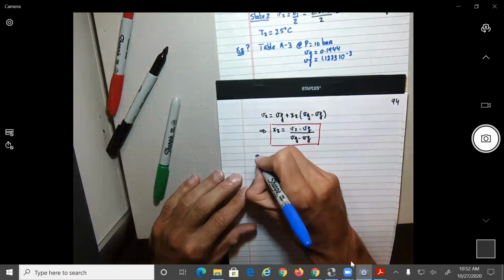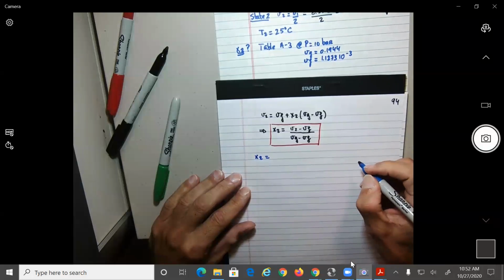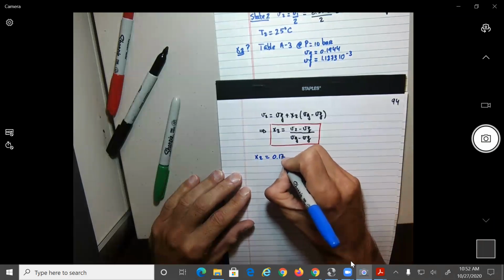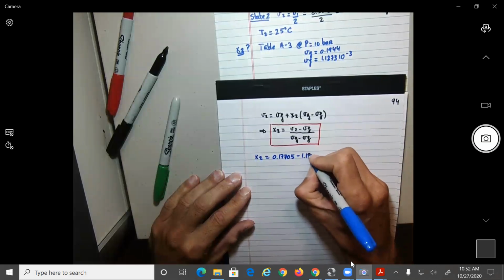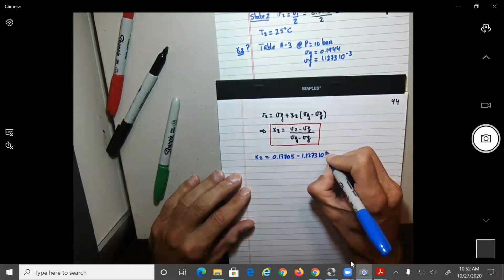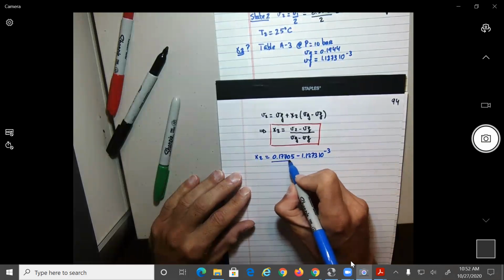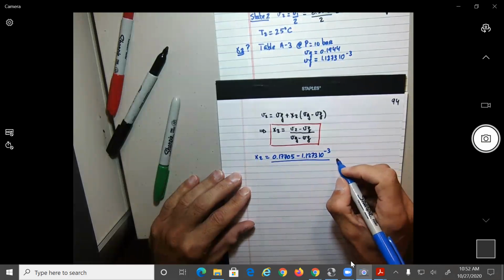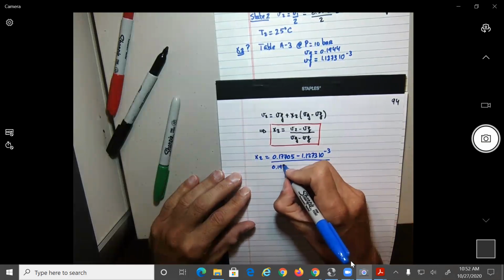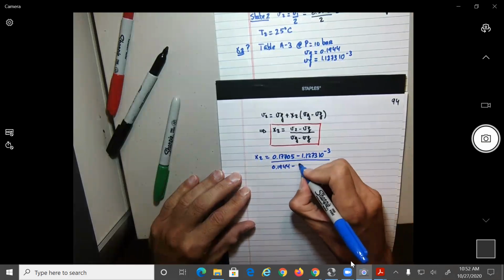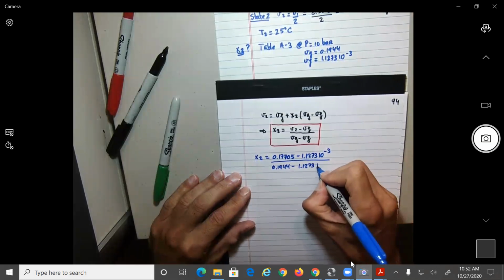So we substitute the data. This will give you what? 0.17705 minus 1.1273 10 to the minus 3, divided by V gas, which is 0.1944 minus 1.1273 10 to the minus 3.